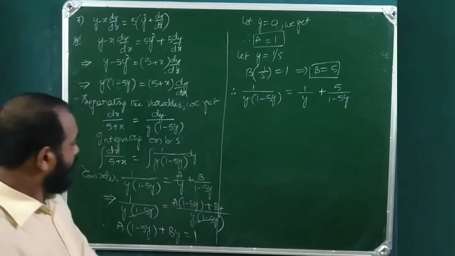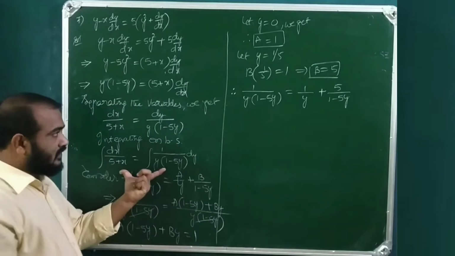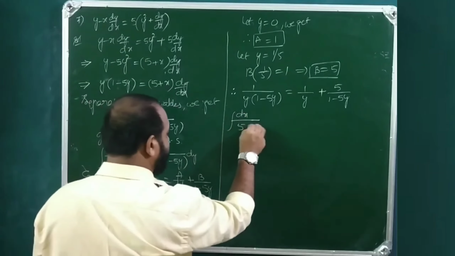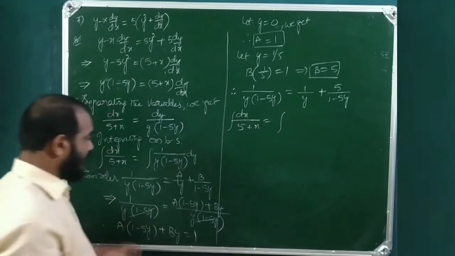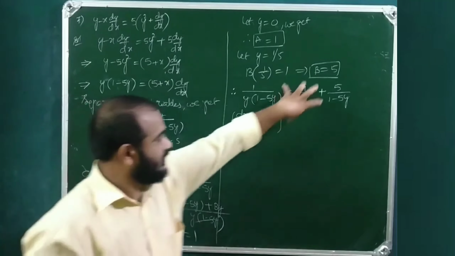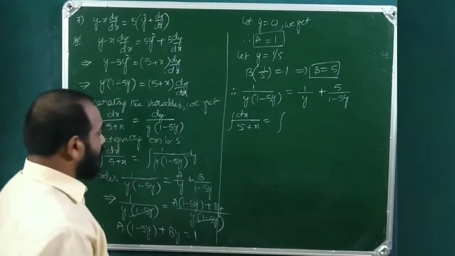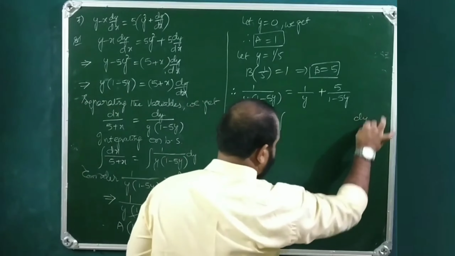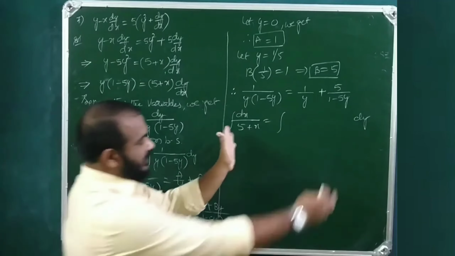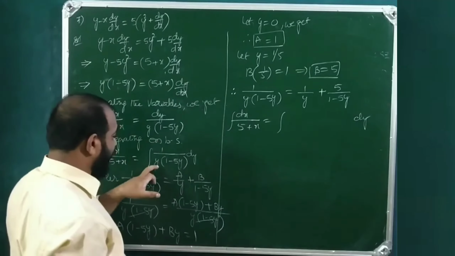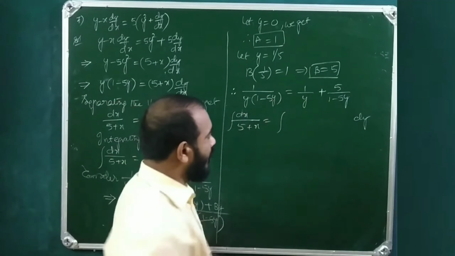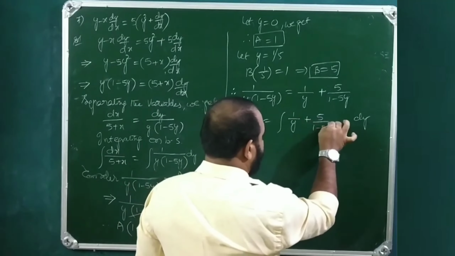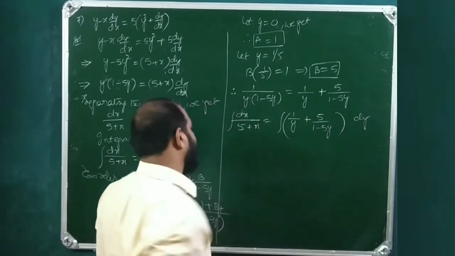So therefore, you go back to this. dx by (5 plus x) is equal to the value of this is this. So integral dy is the same. So 1 by y into (1 minus 5y) is this. So I will write it: 1 by y plus 5 by (1 minus 5y) dy.